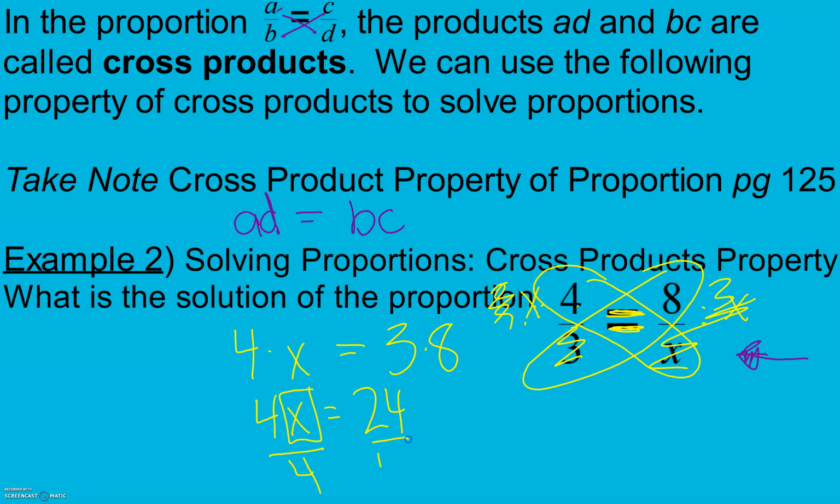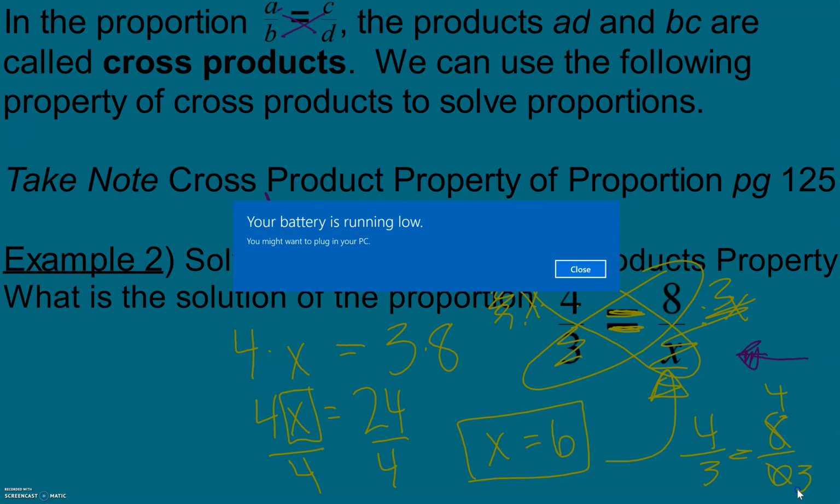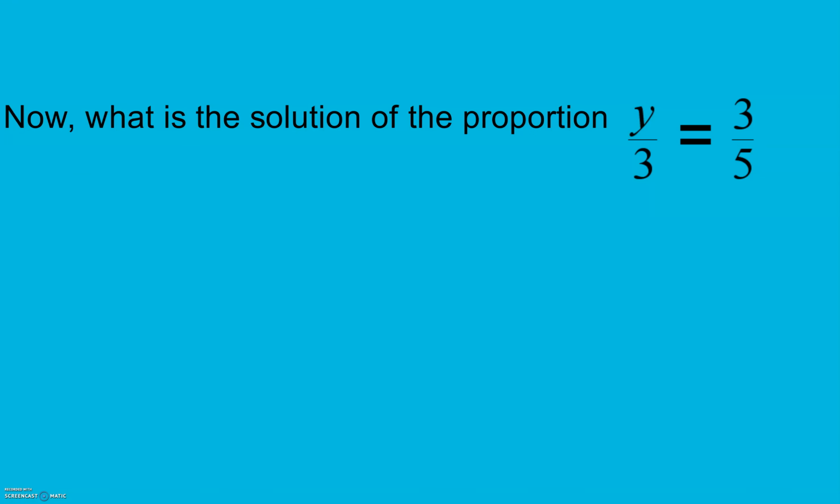We can divide both sides by 4. And we get x equals 6. If we plug it back in here, 4/3 equals 8/6. Well, if I reduce 8/6 by taking a 2 out of each of them, I get 4/3, which is equivalent. Now, feel free to pause here and give this a try if you'd like.